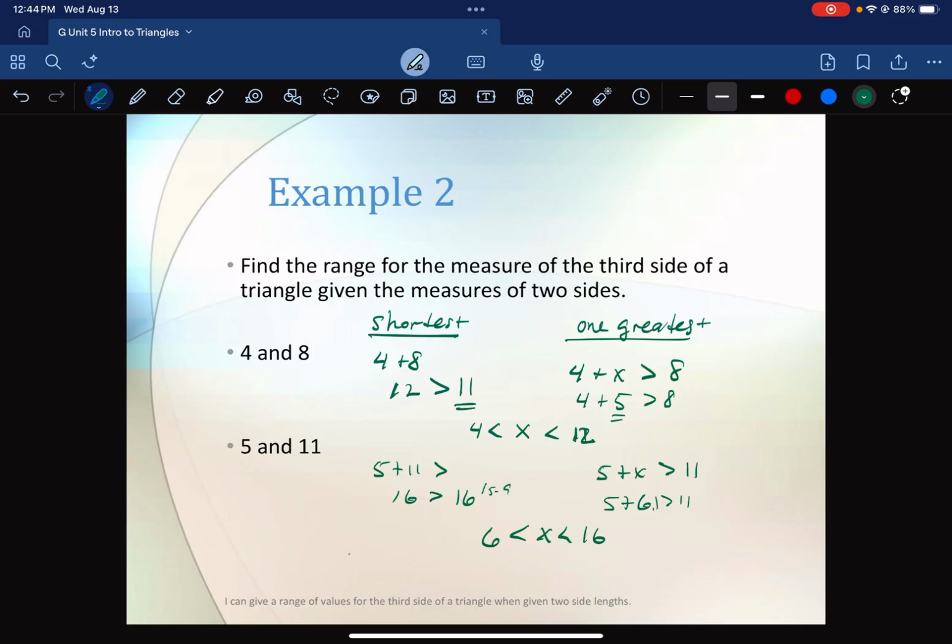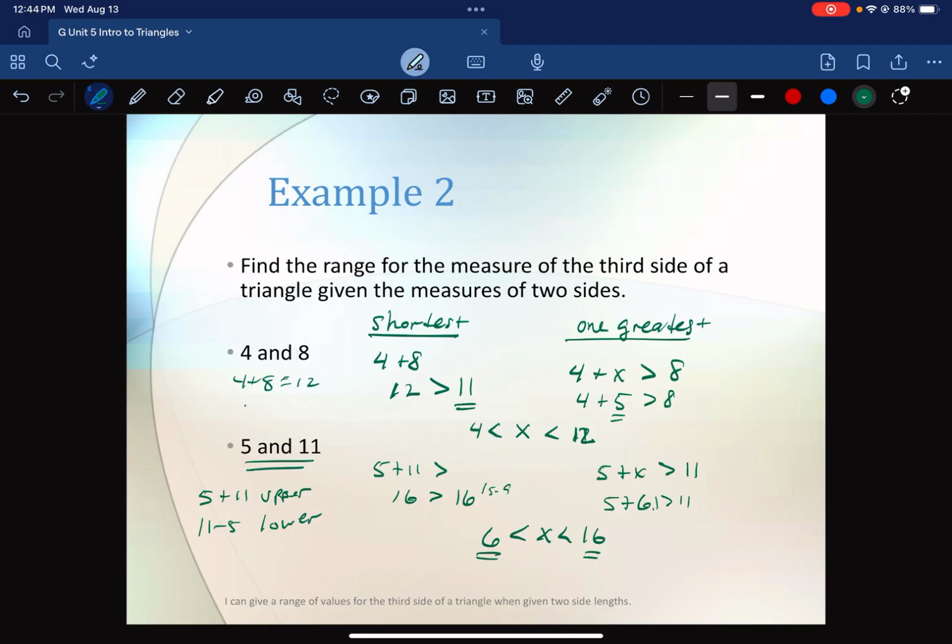Okay. So really, the way we can get this number and this number, given these two values, is we can just say we do 5 plus 11, and that's our upper boundary, and we do 11 minus 5, and that's our lower boundary. So like up here in this example, 4 plus 8 is 12.